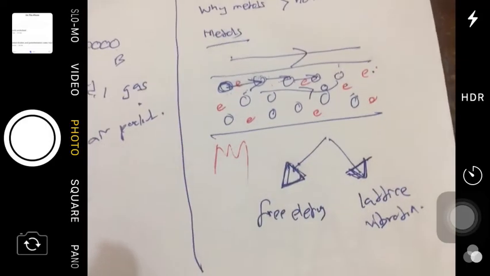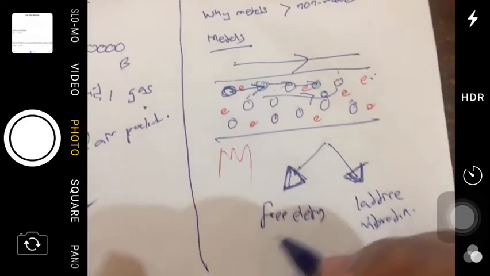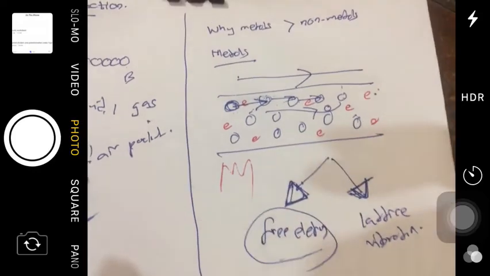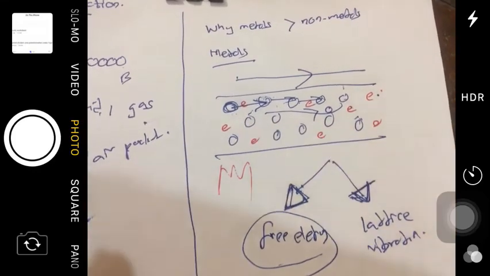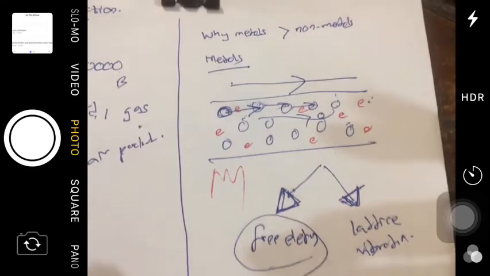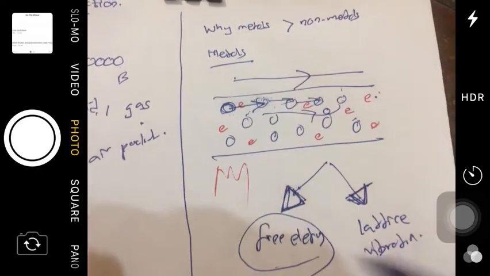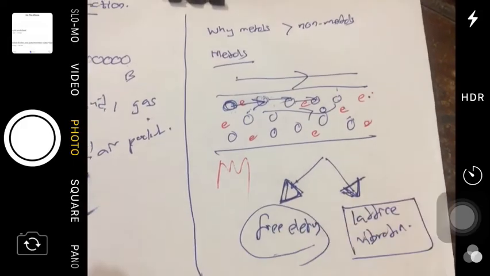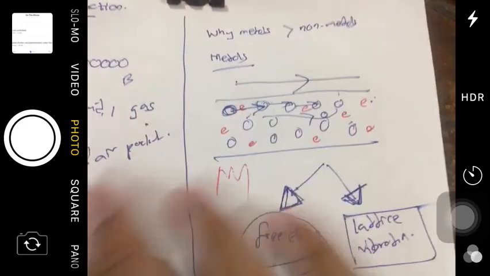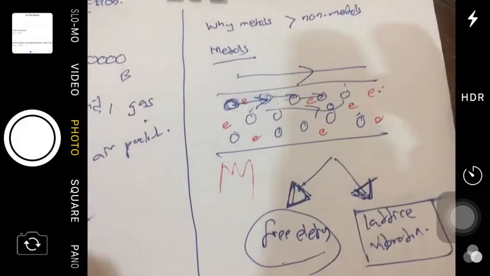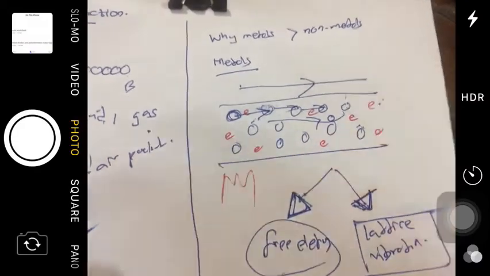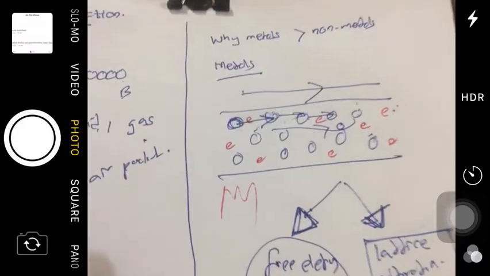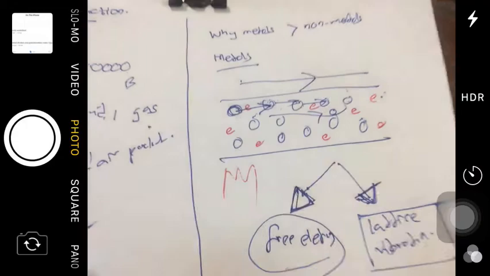Now, if you take metals and non-metals, free electrons are available only in metals. If you consider non-metals, there are no free electrons in non-metals. So in non-metals, the only possibility of heat transfer is through lattice vibration, and it is a very time-consuming process, because the atom has to hit the next one, and the other one has to hit the next one.